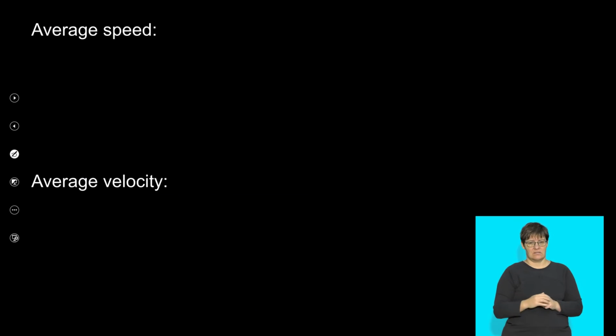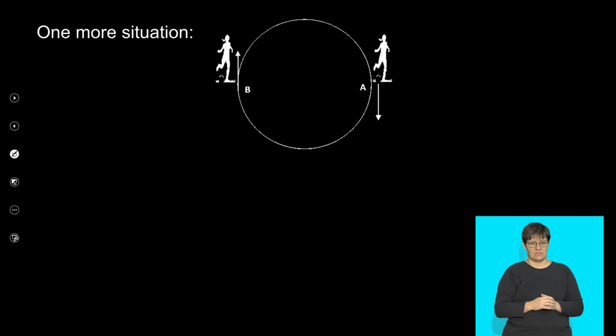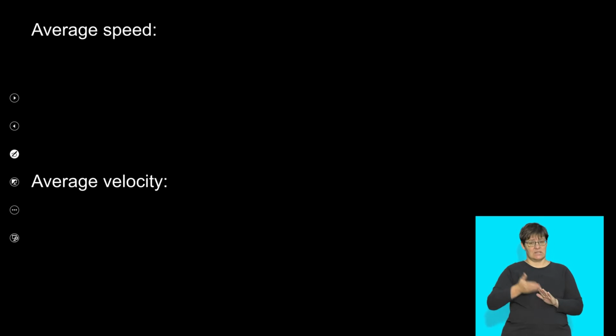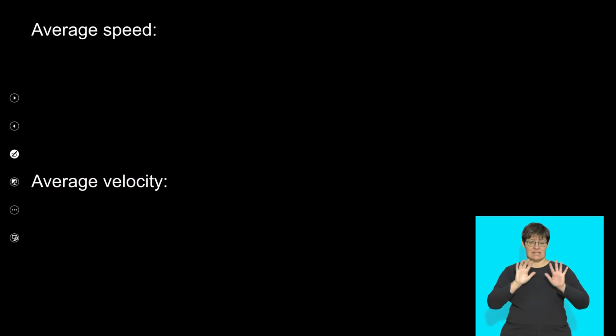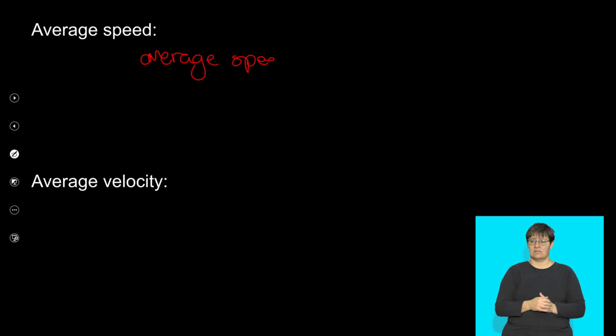So, average speed would be my total displacement divided by my total time. So if we look at it, it's 240 divided by 10. Okay, so average speed, oh my word, I'm going to run out of time, is going to be 240 over 10, which is 24 meters per second.